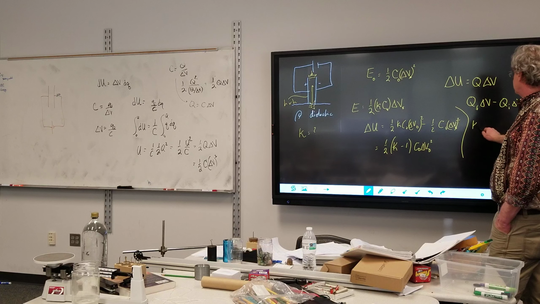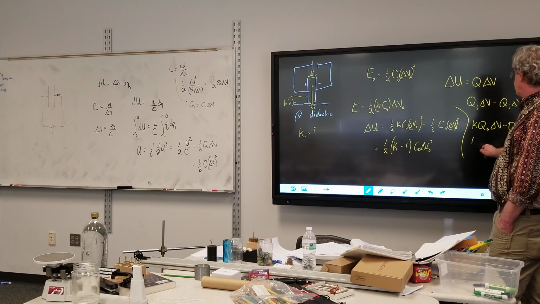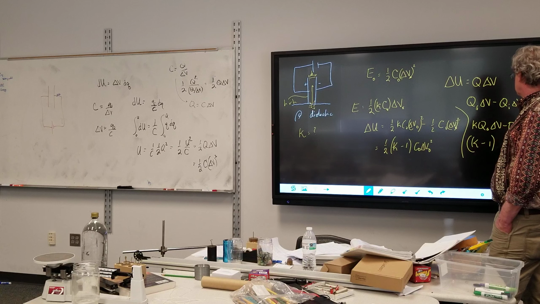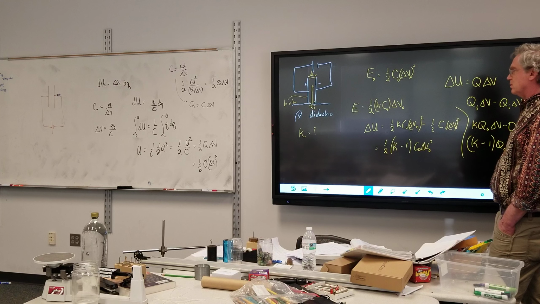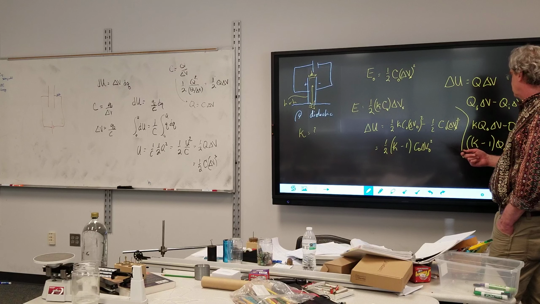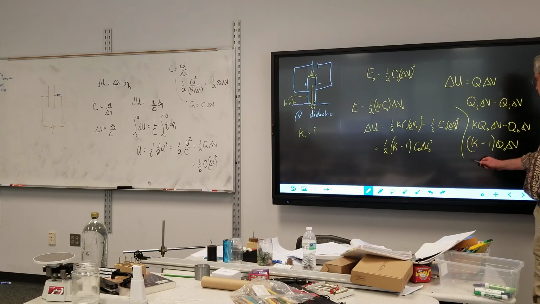This is kappa times the initial charge, delta V, minus Q initial delta V. So this is kappa minus 1 Q naught delta V. It seems like I'm going the wrong way around, which is kappa minus 1 C sub naught delta V squared.